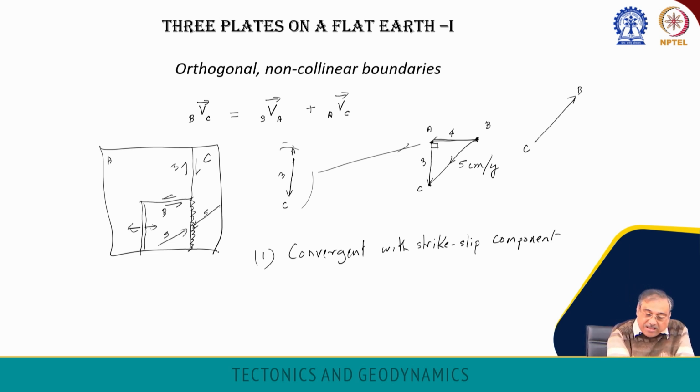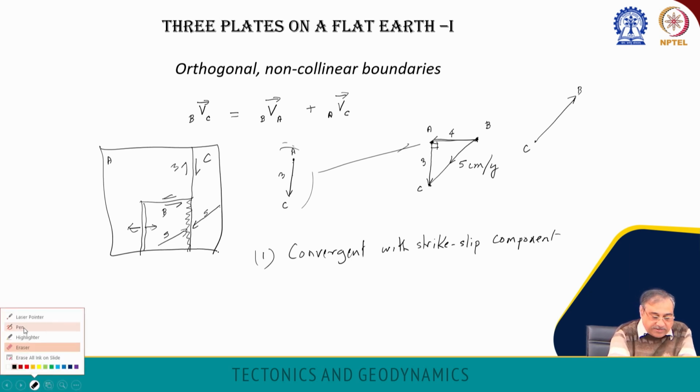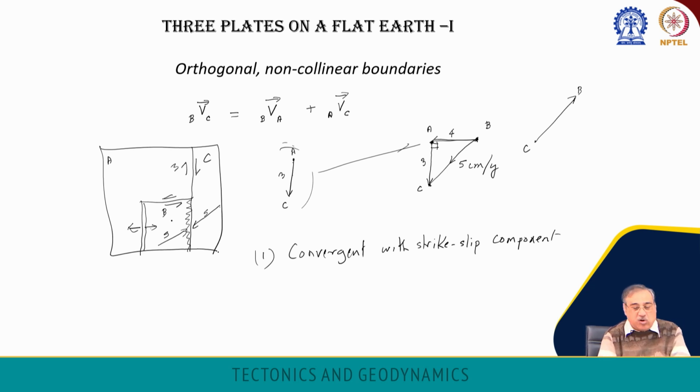What would happen if the opposite were to take place? Suppose now that the plate boundary is just the opposite, and C was subducting below B, that is B was the overriding plate. In this case there would be a problem.